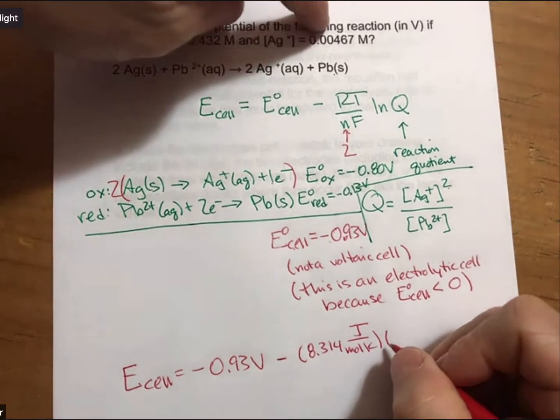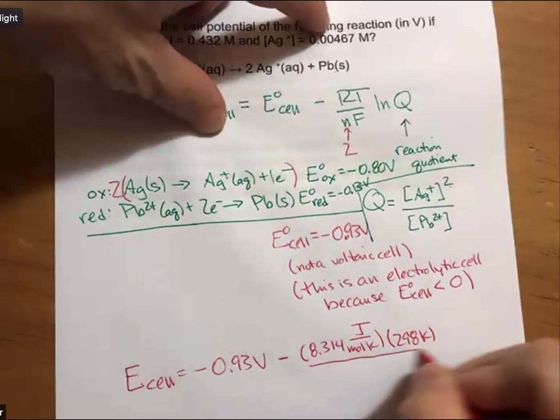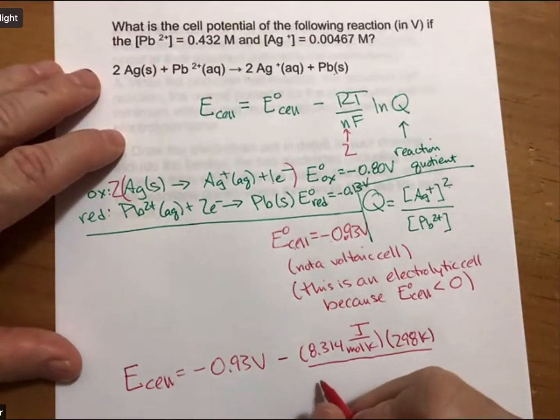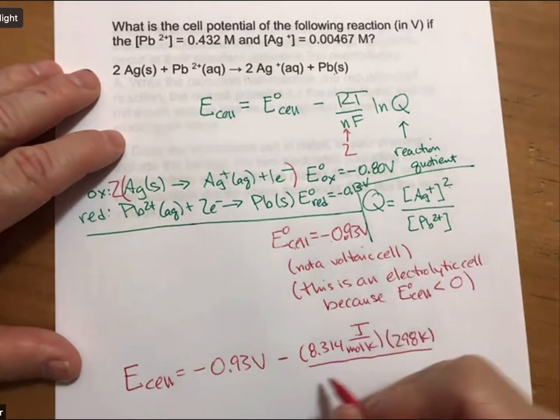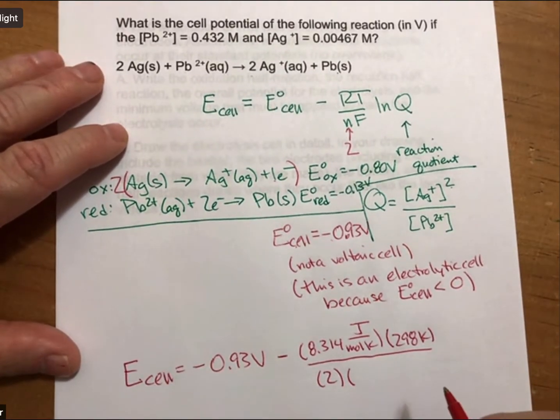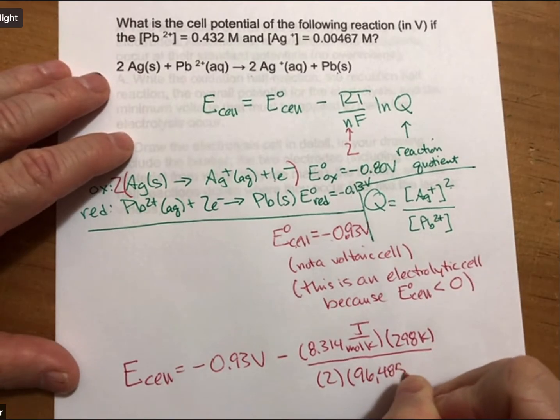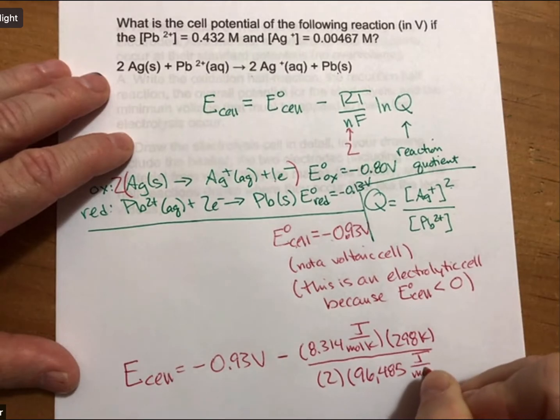It doesn't give us our temperature, so you may assume it's 298 Kelvin, which is assumed to be room temperature. n is 2. The Faraday constant is 96,485. Sorry, that's coulombs.